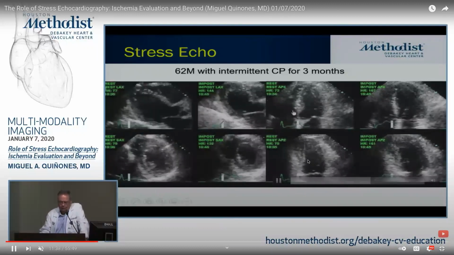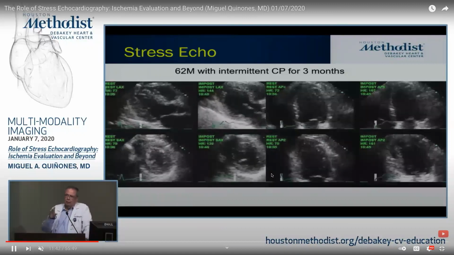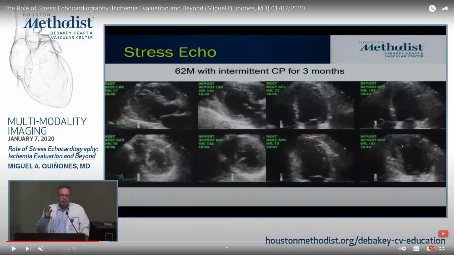Here you see the inner wall versus this. And so under stress, the stress has produced this wall motion abnormality. So the class, 1 to 5, has changed during the stress.